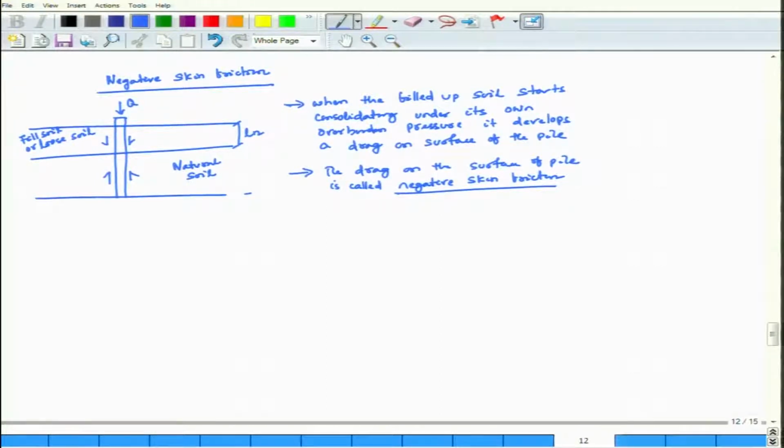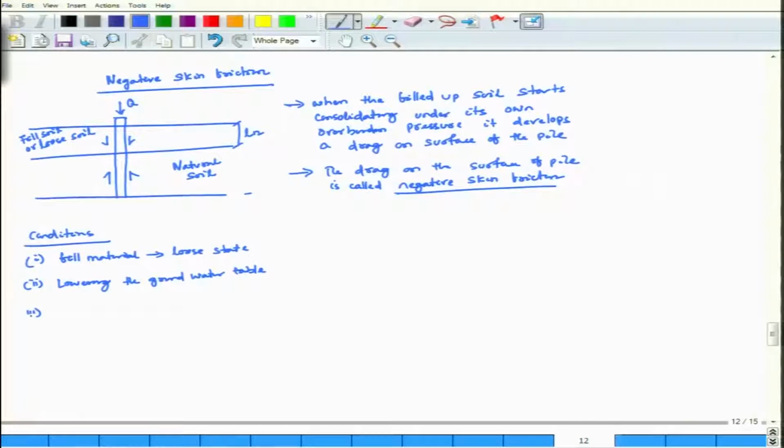So, what are the conditions for negative skin friction to be developed? First one is fill material, if there is a fill material in a loose state. Second one is if there is a water table and all of a sudden you lower the ground water table.